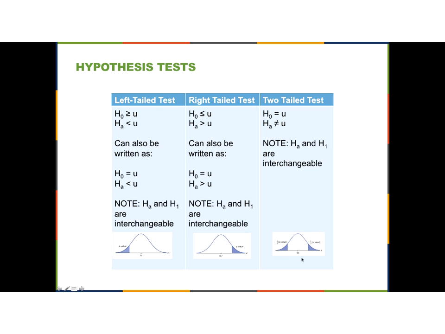So that becomes a two-tailed test, and you look in the area of both tails of your test statistic. So you would take the absolute value. If your test statistic was negative 1.25, you would look to the left of negative 1.25, and to the right of 1.25.